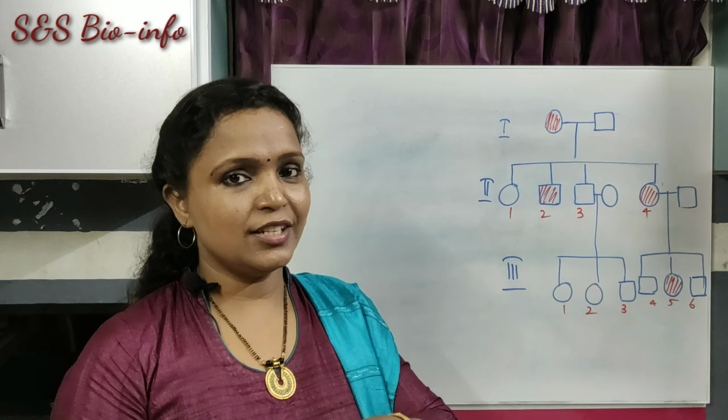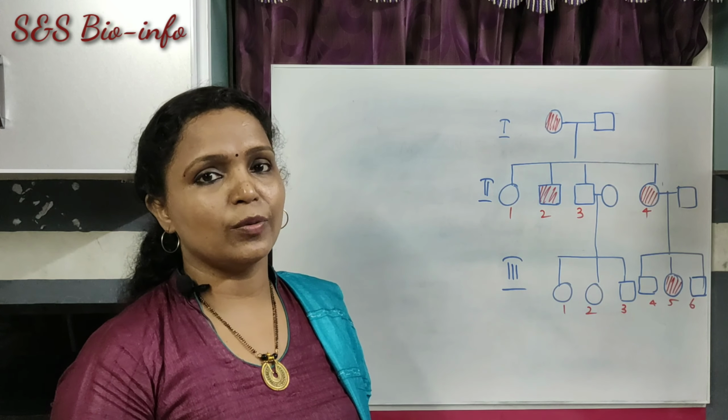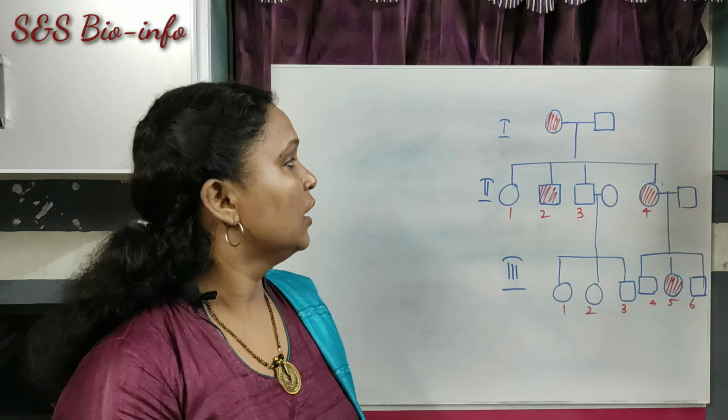First of all, let's guess what type of inheritance it is, whether it is autosomal or sex-linked. Look here, as both sexes are affected in this case, it is definitely an autosomal disease or trait. Here one of the parents is affected, and the affected individuals have unaffected children.